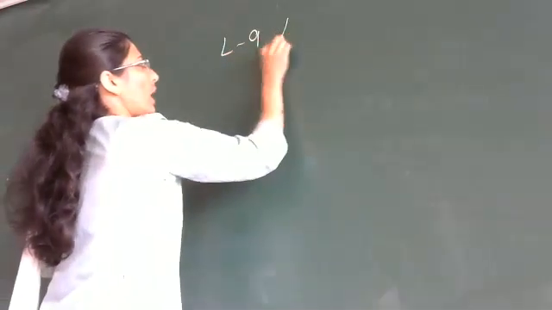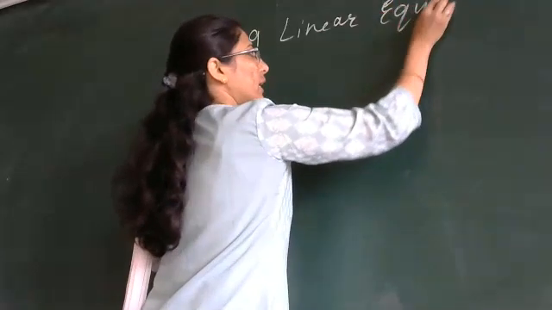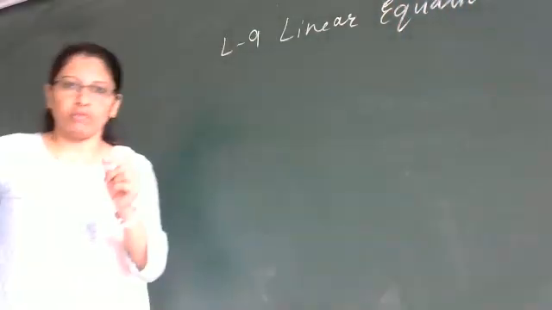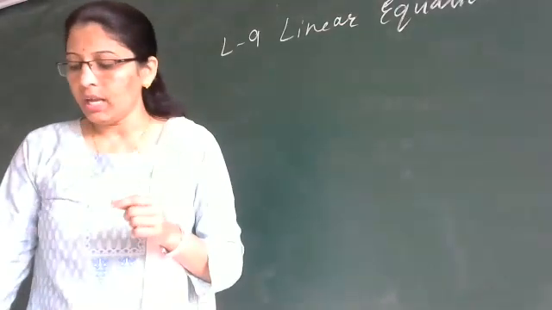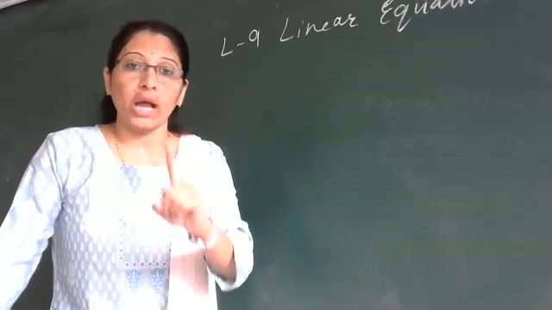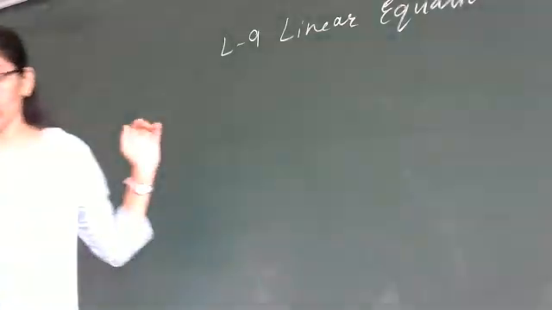Now we are going to learn about this lesson number 9, linear equations. The equations in which the highest degree of the variable is 1 are known as linear equations.